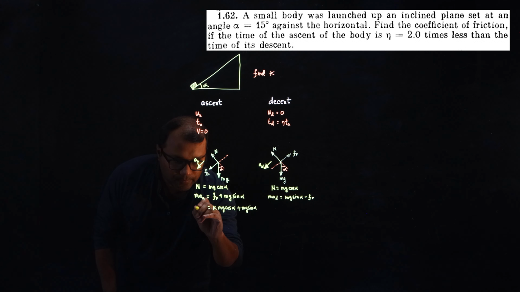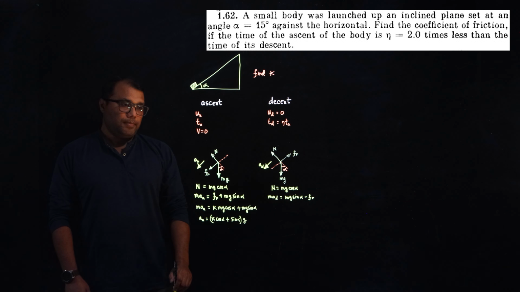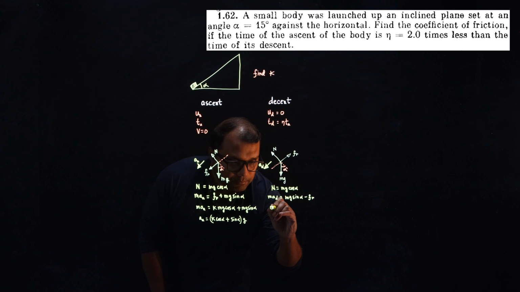So AA becomes K cos alpha plus sin alpha, times g.